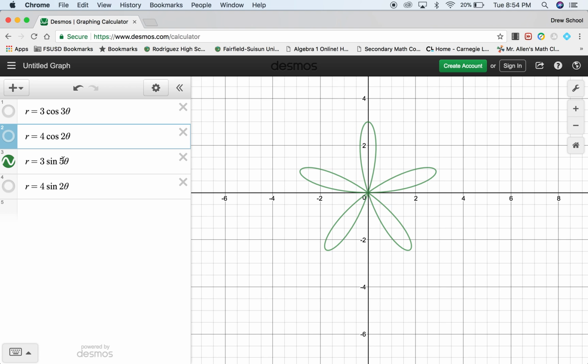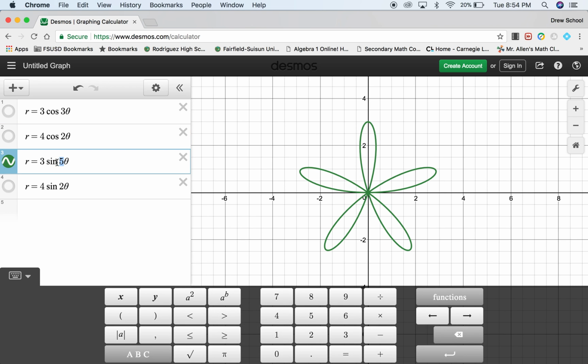Here we have an odd n, and it's sine. So that means we're symmetrical over the y-axis. You can see if we made a fold right here, this side would match up with the left side.